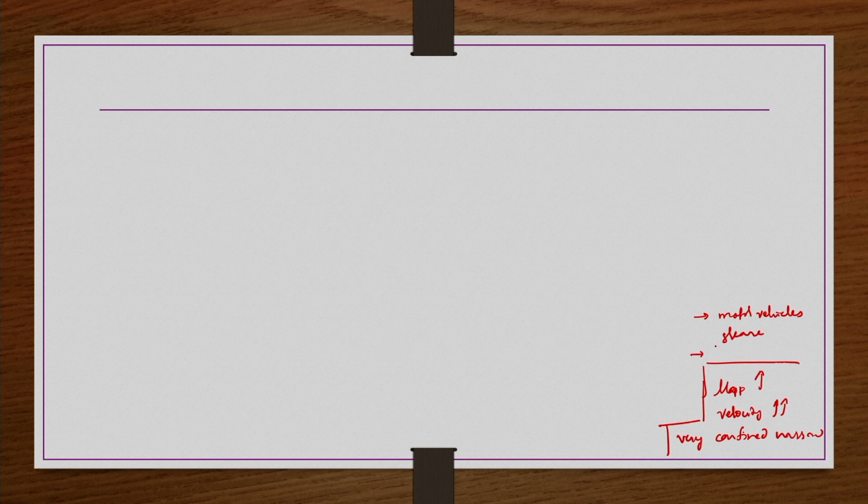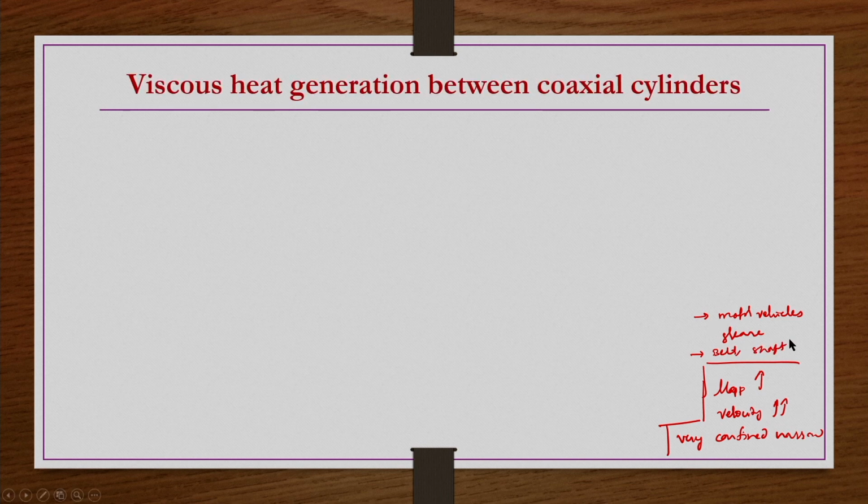Then there are conveyors, like belt conveyors and shaft conveyors, in chemical industries. They are confined along two cylinders at different locations, and these cylinders may be rotating, so the shafts or belts may also be rotating.